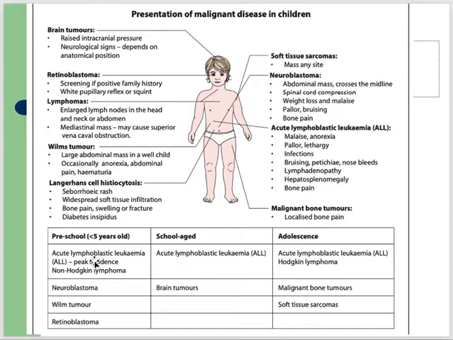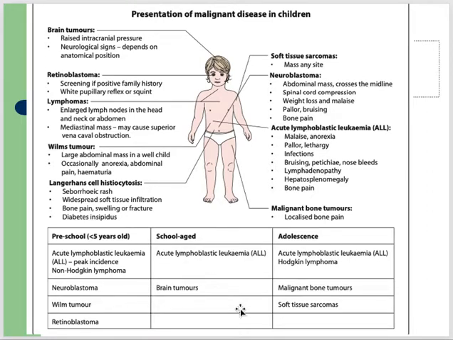You can see ALL, or acute lymphoblastic leukemia, neuroblastoma, Wilms tumor, as well as retinoblastoma. The last three, the bottom three, are more prevalent in newborns. In school-aged children there is ALL and brain tumor, whereas in adolescents there are malignant bone tumors, soft tissue sarcomas, and germ cell tumors.